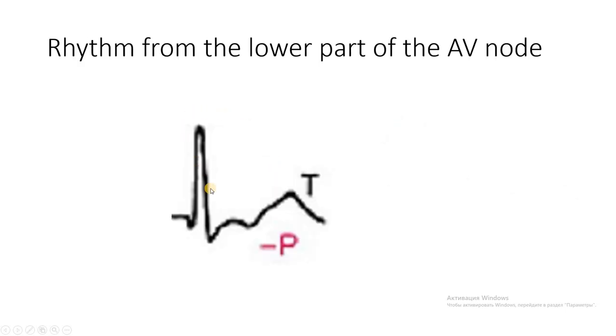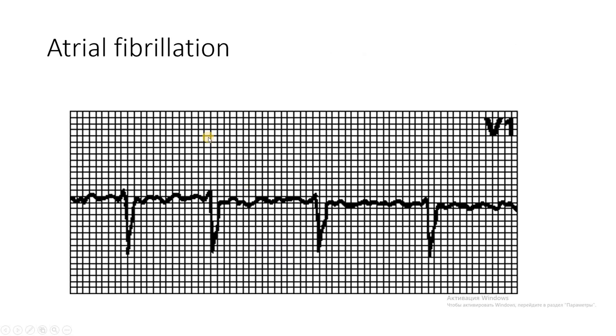Next rhythm from down part of AV node. Here we can see negative P after normal QRS complex, and P negative.